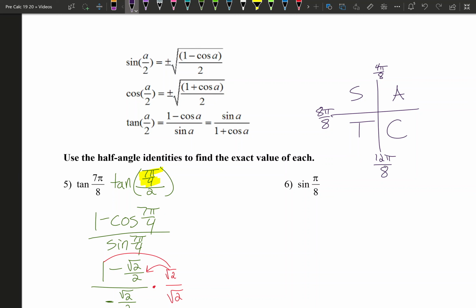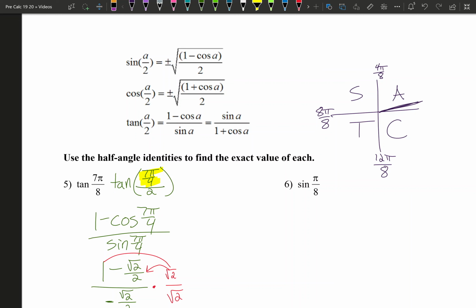And this one is pretty straightforward because pi over 8 we know is in the first quadrant. But if we had something like 11 pi over 8, we just need to look and see, oh, 11's between 8 and 12, so it would be in the third quadrant, and both the sine and cosine would be negative. But that's just an example.